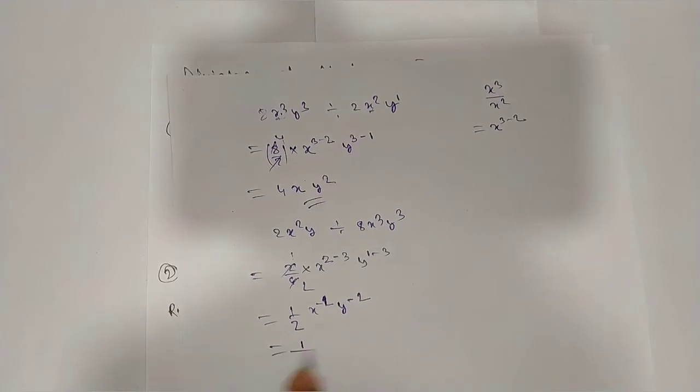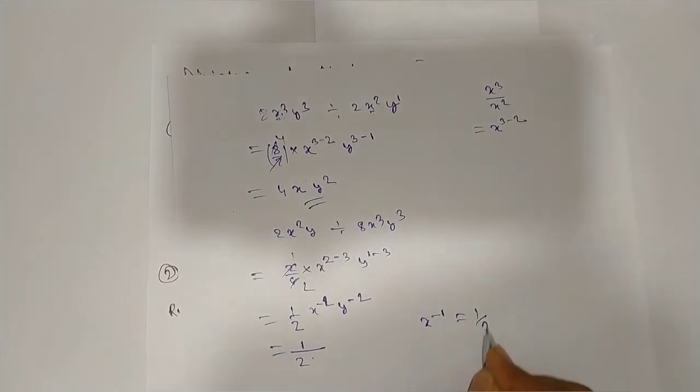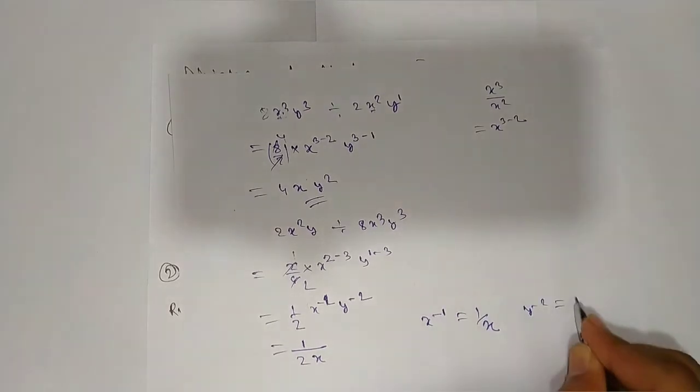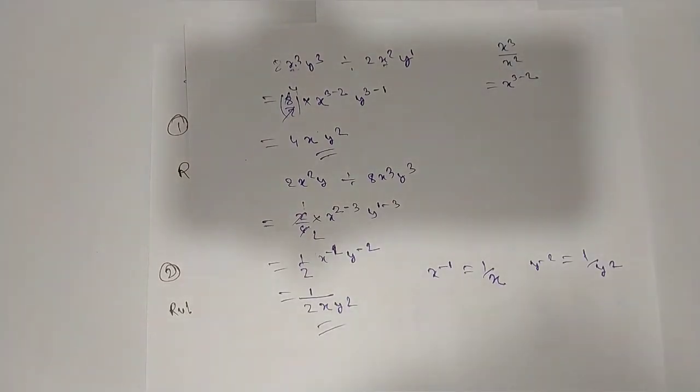Now your answer will be 1 by 4 with x in the denominator, since x to the power minus 1 gives 1 by x, and y to the power minus 2 gives 1 by y square, so y square will be in the denominator as well. So your answer is this, and it is valid for monomials only.